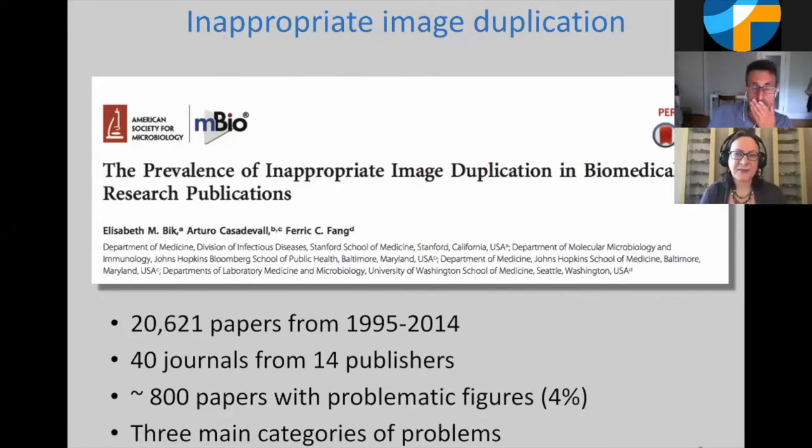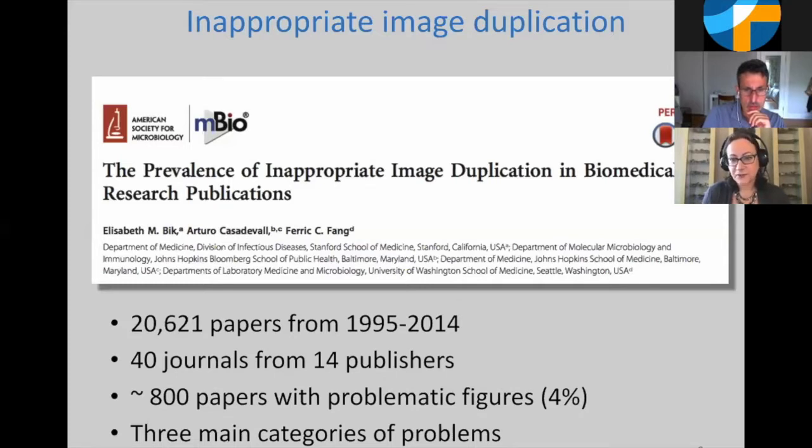And I selected these papers by screening for a particular word, Western blot, which is a type of image in these papers, to enrich for papers that have photos. I didn't look at line graphs, I focused on the photos.